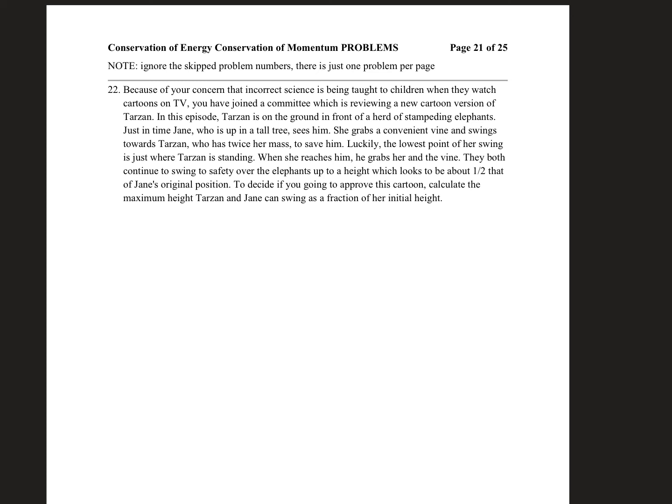This is a Tarzan problem so that you can do a George of the Jungle version of that problem. Tarzan is on some rope of length L that's some height above ground, and he's going to swing and catch Jane at some lower height above ground.